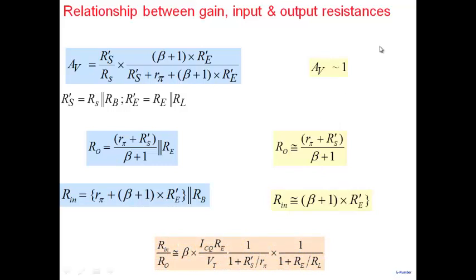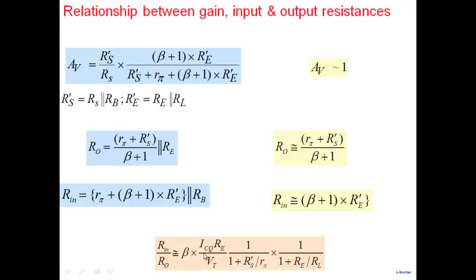So gain is 1, so I don't bother with it. Rn divided by R0 is made of these quantities here, and I can rearrange them in this form: Rn by R0 is beta ICQ Re by Vt.